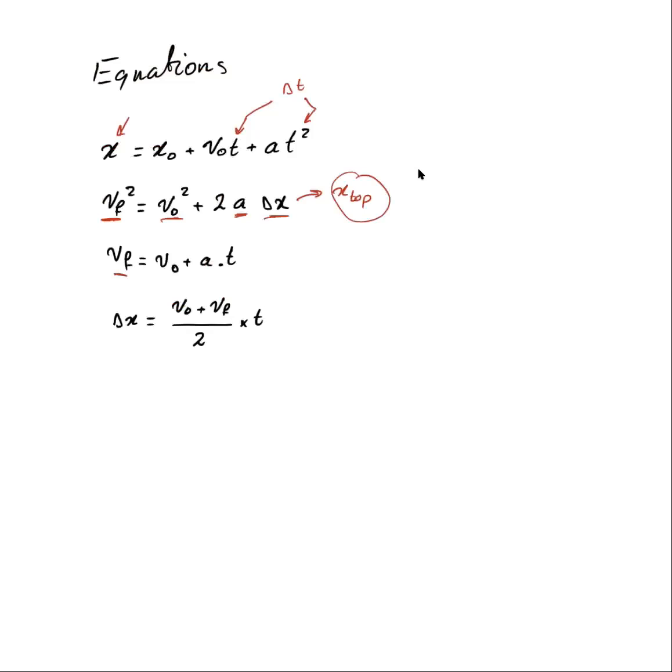We know v final, we know v initial, we know acceleration. Oh, and this is the time that we don't know. So it looks like this is an equation with 3 knowns right here, and the only unknown is the time. So it looks like that's the best equation to use.